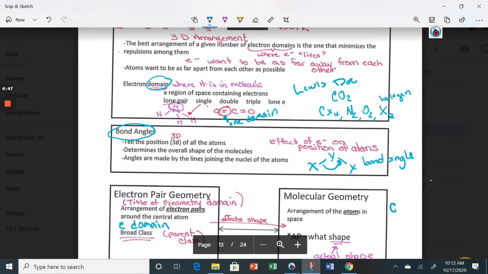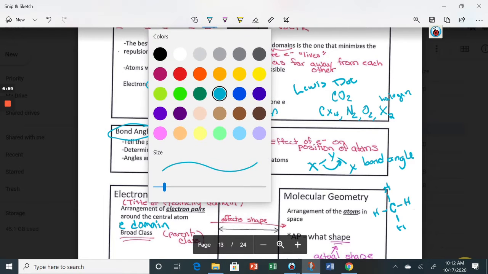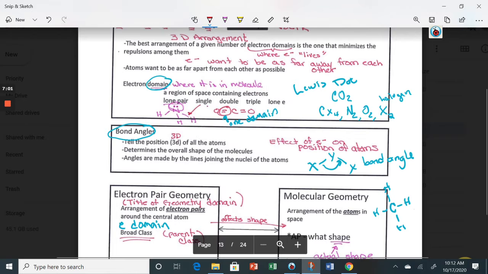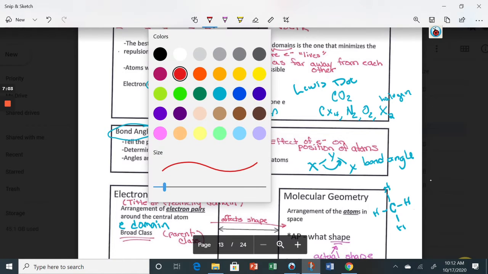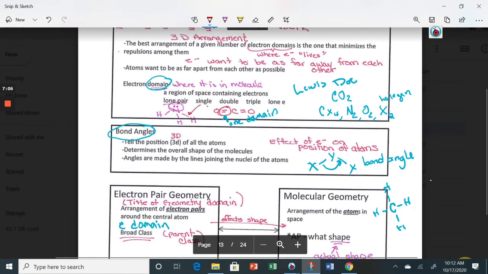Well, if I have CH4, and this is its Lewis dot, I'm using a line to represent the dots, and that's still okay. I have 1, 2, 3, 4 domains.